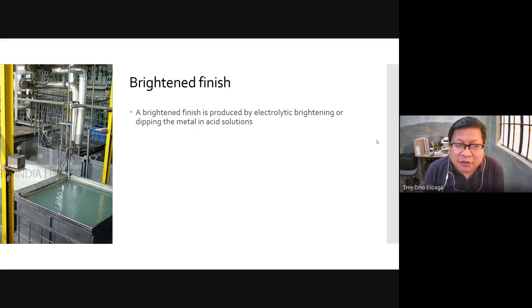The picture shows you a vat with some acid solution. Then you dip the metal in it, and the electrolytes help produce the final product, which is mostly making the metal bright.